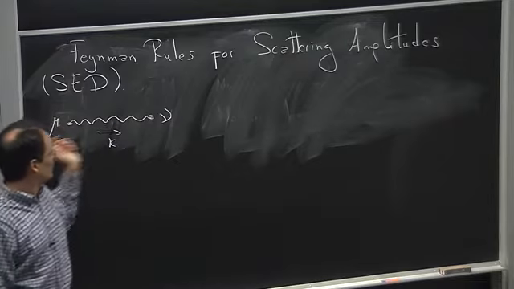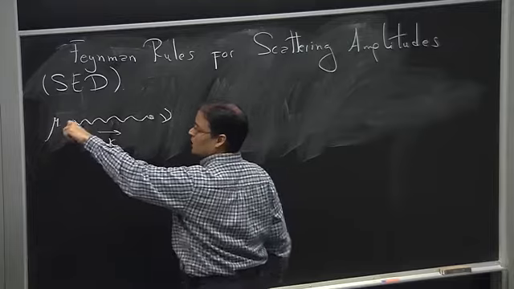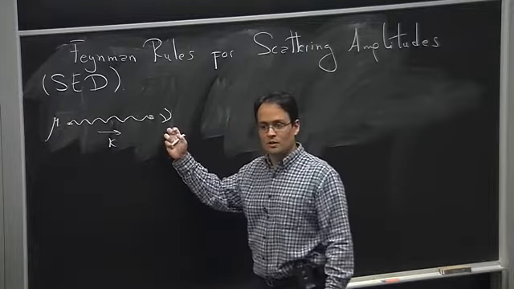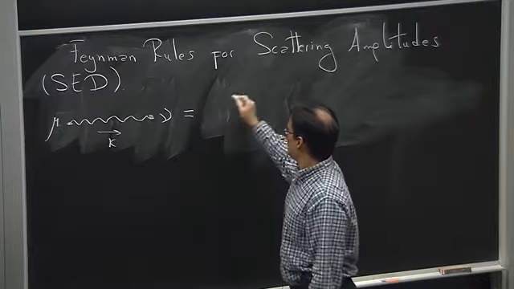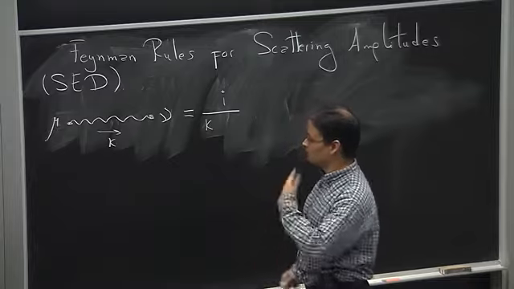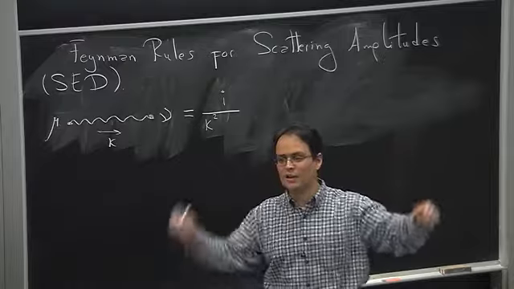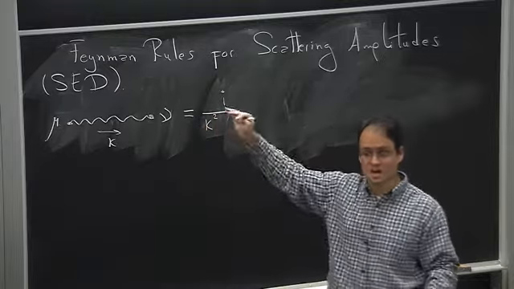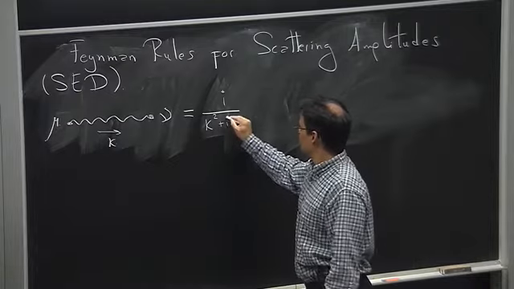So we have to tell people who are going to use these rules what the propagator is for different values of the field here and for different values of the field here. So the propagator that we got yesterday, in momentum space, meaning you just remove the integral over d4k and the e to the minus ikx, ended up being something like this.